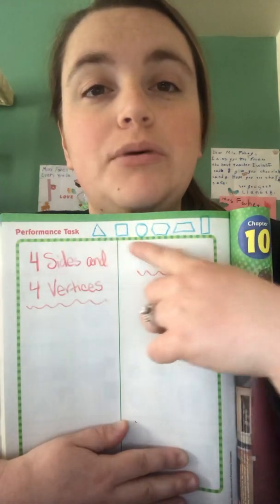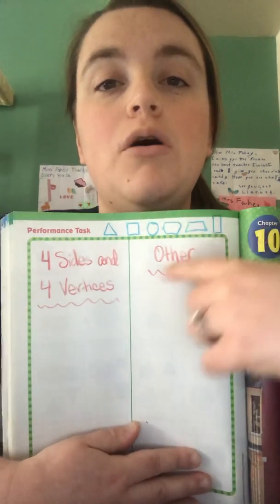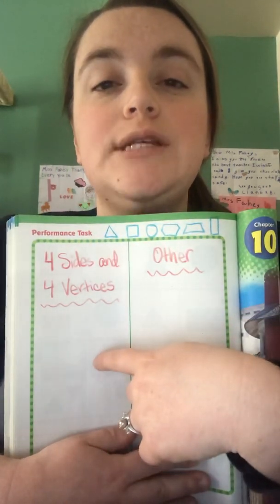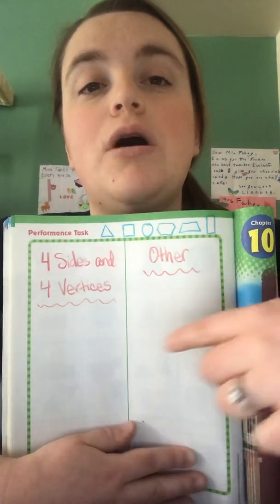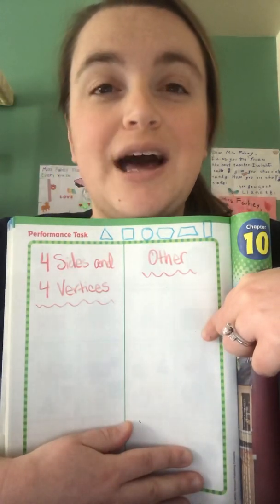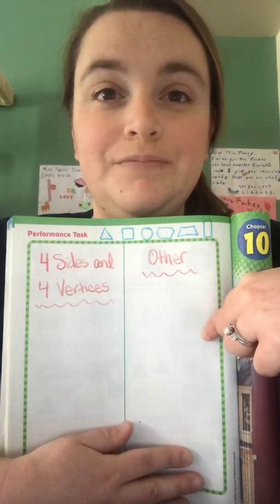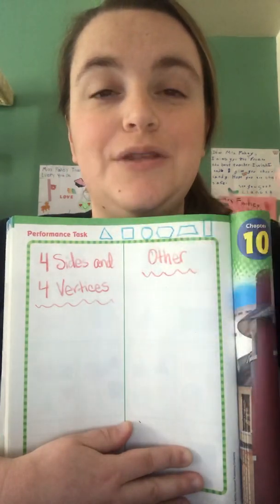Draw all of the shapes that have 4 sides and 4 vertices on one side, and all of the other shapes on the other side. You should use every single one of these shapes at the top.